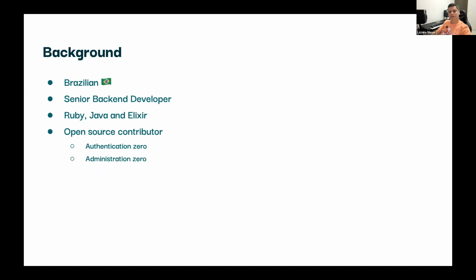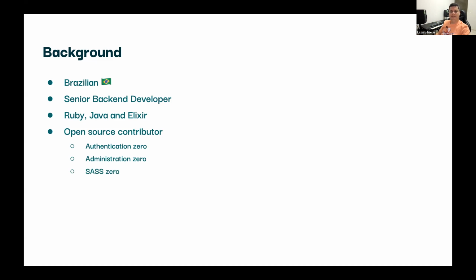Also, Administration Zero. It's also in this field of generating code. So instead of having Active Admin, it generates an admin panel code for you using scaffolds, the scaffold command. So you have an admin panel.